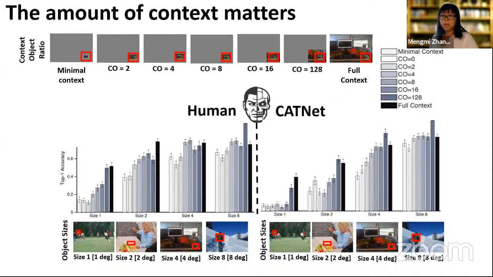And in this work, we define each time step that we feed to the LSTM as equivalent to 25 milliseconds in human experiments. For example, if I'm exposing the same image to a human for 200 milliseconds, that is equivalent to passing the image to the CRTNet for 8 time steps.